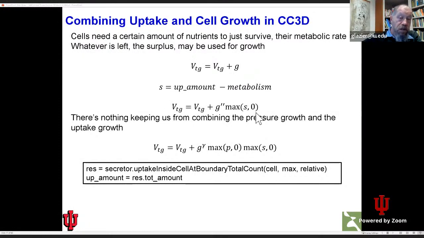So if the cell doesn't have enough nutrient, it stops growing. Now, you could imagine that it shrinks if it doesn't have enough nutrient, in which case you wouldn't have the max function.